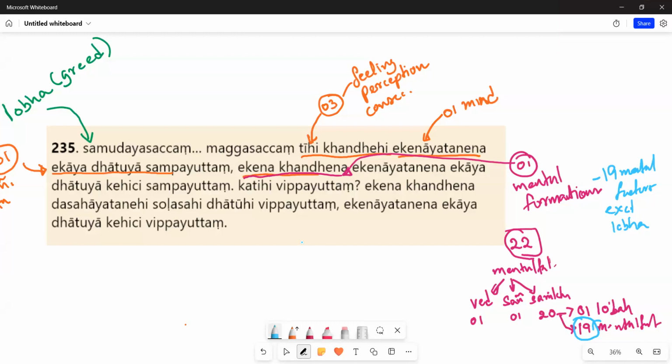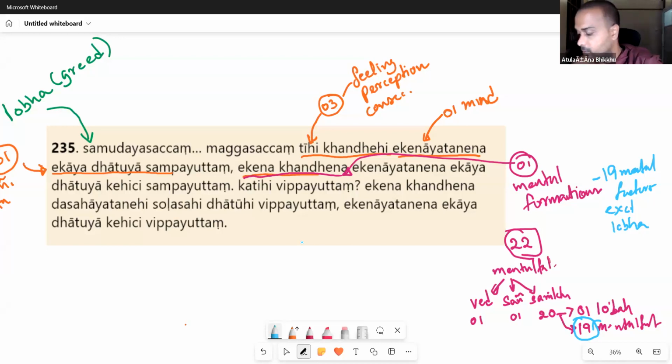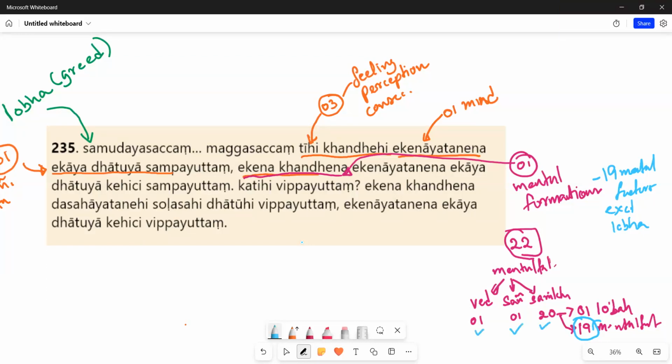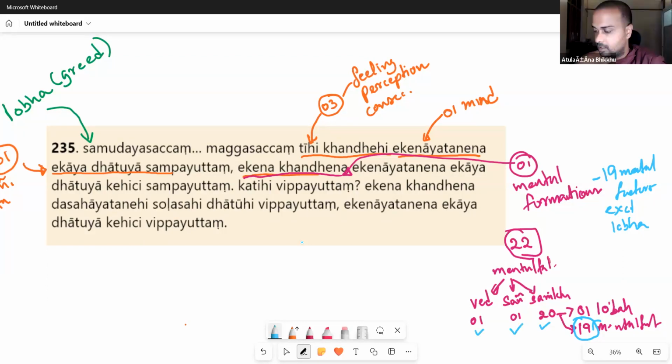I broke it down so that it's easy to understand. So it's one here and the 20 is here. Right, so this becomes the keichi sampayutta here.